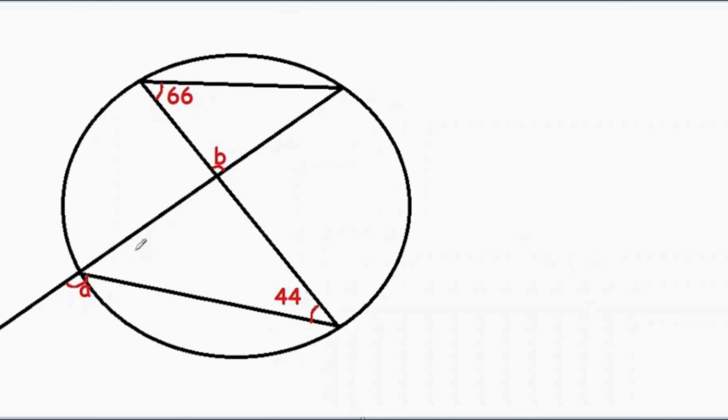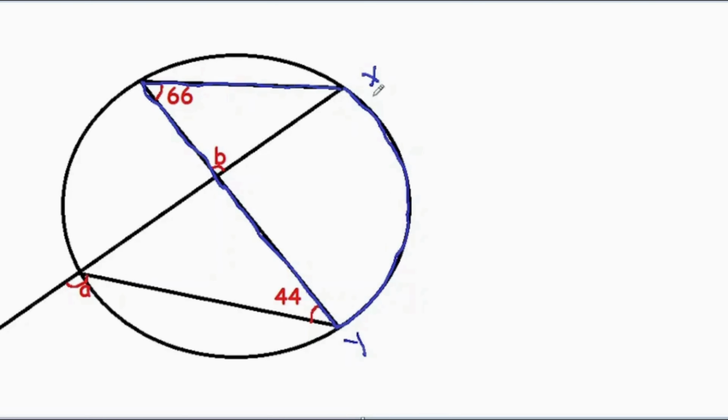Let's find the size of angle A. Let's look out for the arc subtending angle 66. Let's still label this as X and this as Y, and trace it to angle 66. So this is arc XY subtending angle 66.